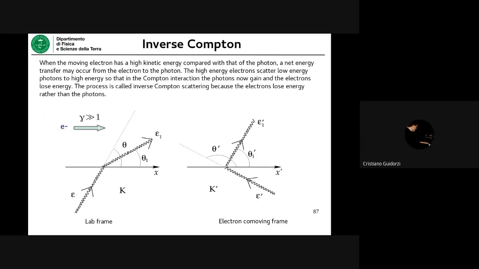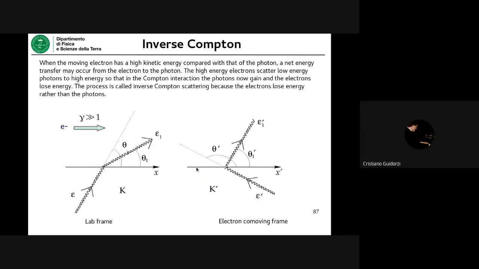So this is interesting because this process is very important in many contexts, and it is useful to better understand what happens by describing the same scattering in the comoving frame of the electron. So what is shown here on the right? On the right, I consider a primed reference frame.